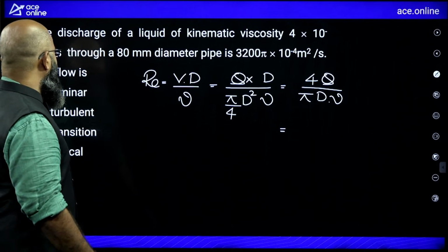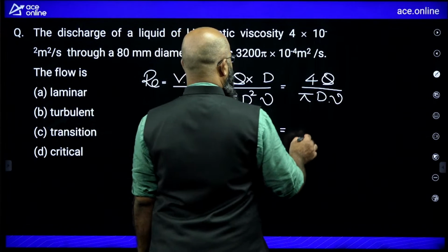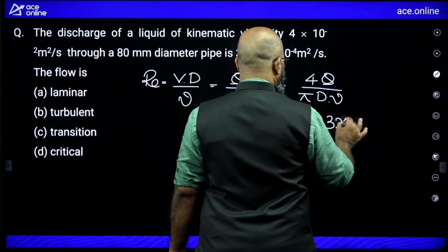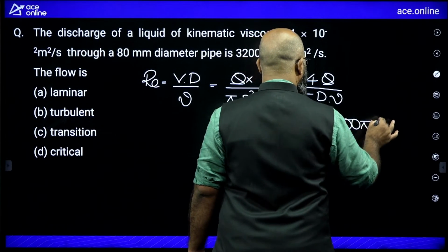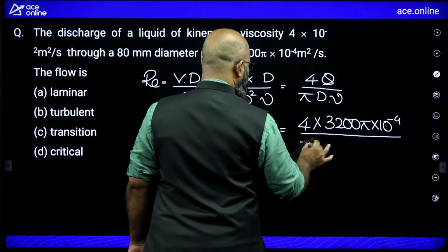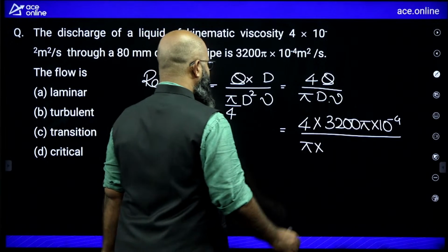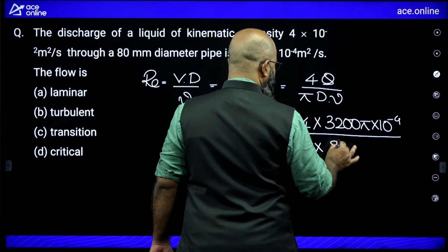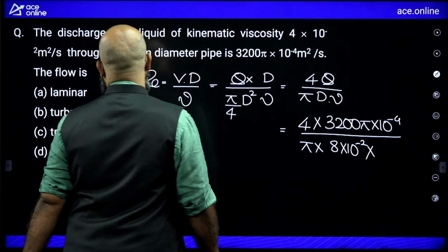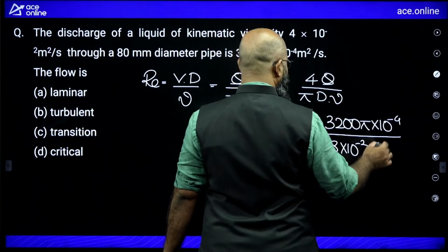Let us put in the values now. We'll put everything in SI units. So 4 into Q is 3200 pi multiplied by 10 power minus 4, divided by pi into diameter, which is 80 mm, that is 8 into 10 power minus 2, multiplied by nu, which is 4 into 10 power minus 2.